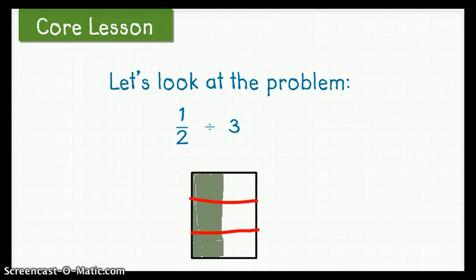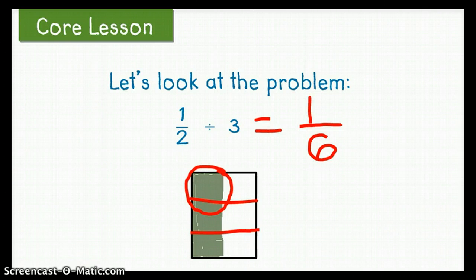So again, if we count the total number of parts in that entire rectangular whole, we see that there's 6 new parts, which means our new denominator is 6. Looking back at our fraction, 1/2, we see that our numerator 1 tells us we need to just look at one of those parts to represent our answer, and so we get 1/6.